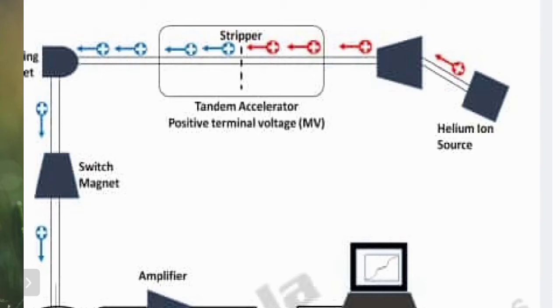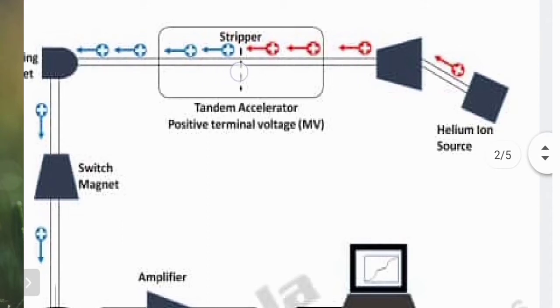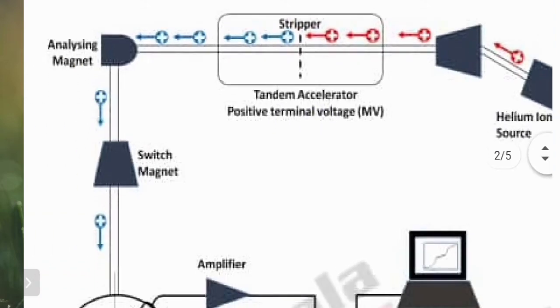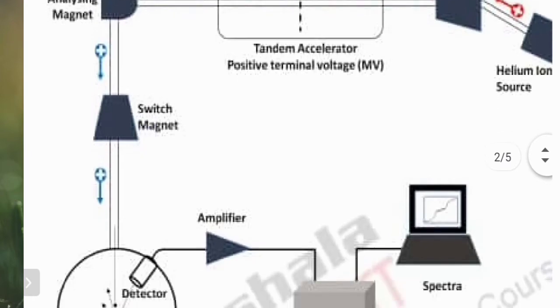So we need a proper method to distinguish these ions, because we require only helium+ or hydrogen+ as a source. For that we use the magnetic focusing lens, or magnetic analyzer, the same kind of instrument we have used previously.